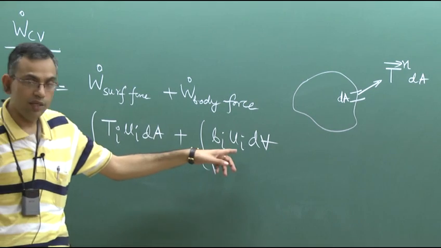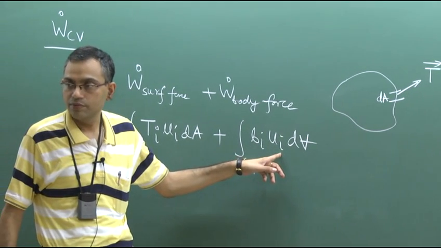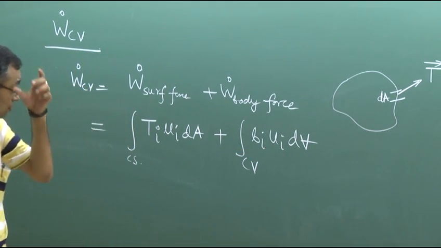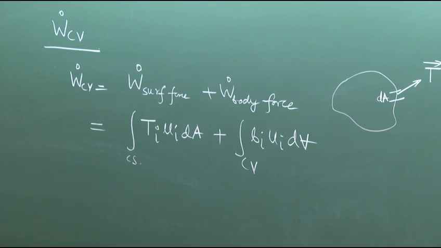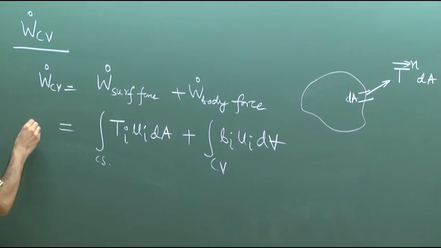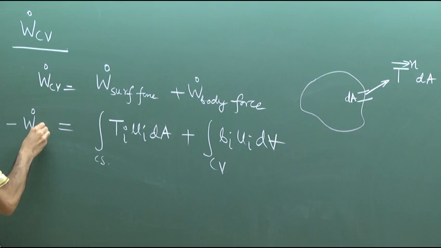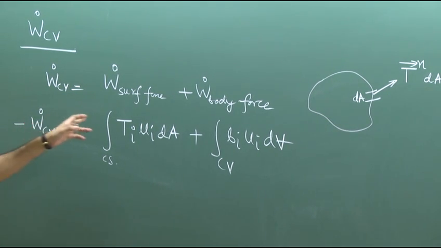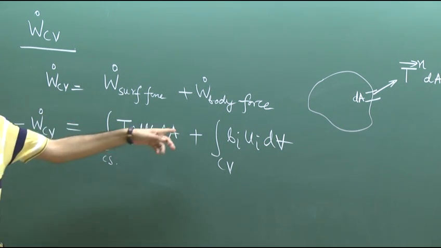This is B dot V, B dot velocity, B dot U. So, basically we will write this as minus of W dot Cv to adjust for the sign, or W dot Cv equal to minus of this, whatever.